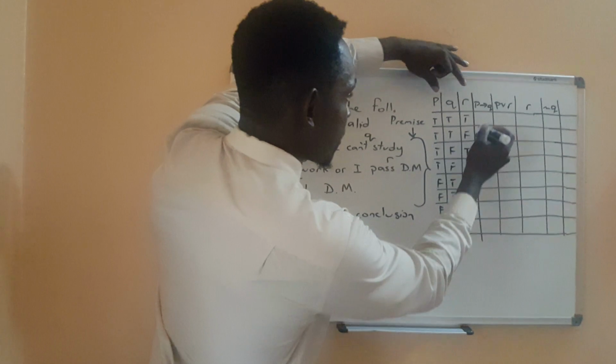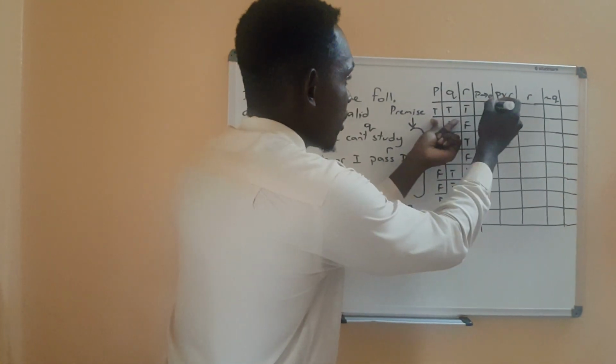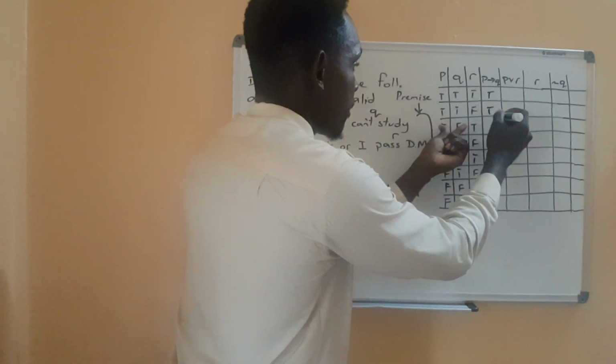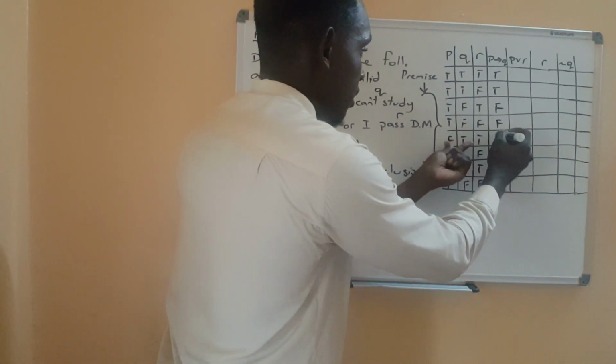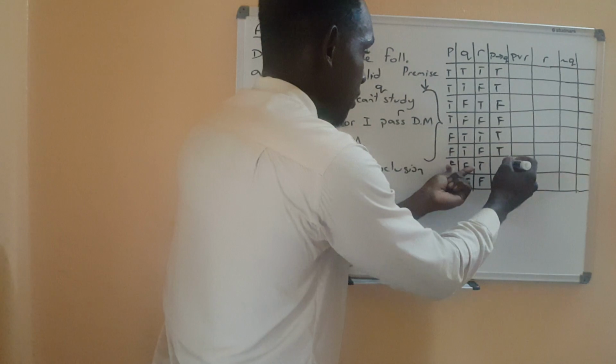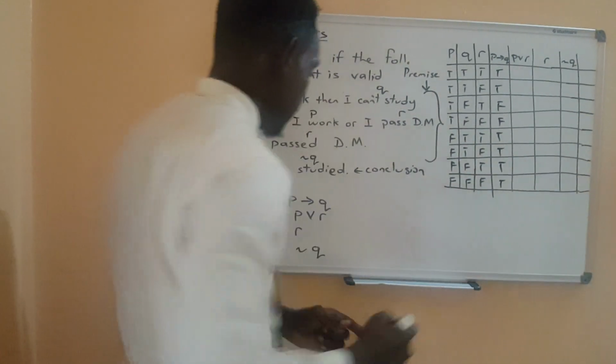So P implies Q is true, true, false, false, true, true, true, true.